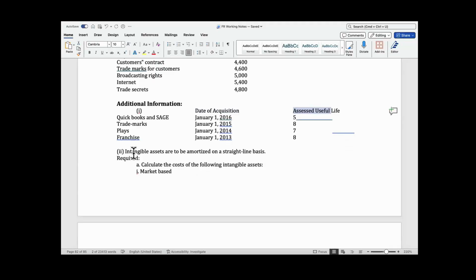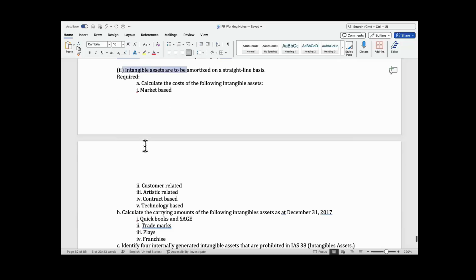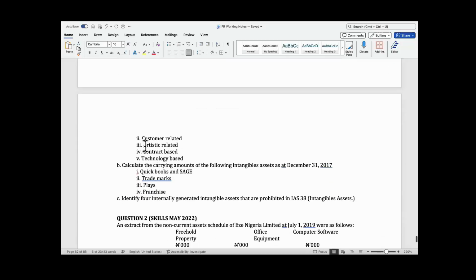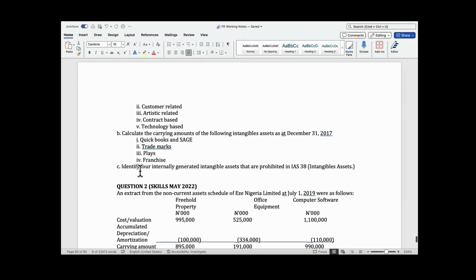Intangible assets are to be amortized on a straight line basis. Required: calculate the cost of the following intangible assets: market-based, customer-related, artistic-related, contract-based, technological-based. Also calculate the carrying amount, and identify the internally generated intangible asset.